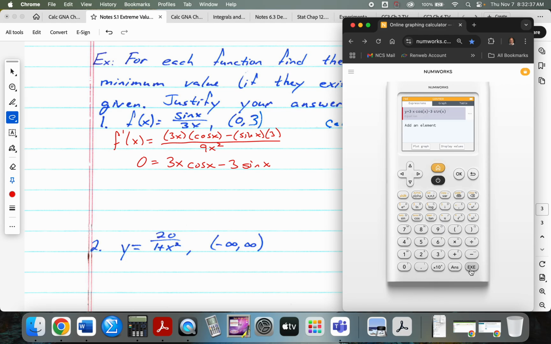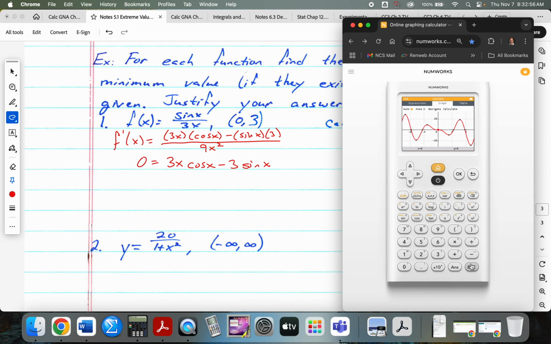I like it. It automatically puts the y equals in there. And if I go to graph this, it's going to give me a window that shows a lot of the important stuff automatically. I don't have to set that.